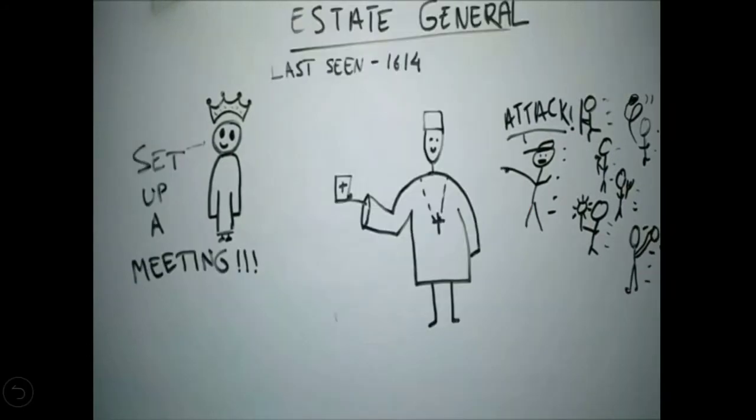So what did he do? He set up a meeting of the Estates General, the last meeting of which was held in the year 1614, and in the meeting he wanted to decide to raise the taxation policy.